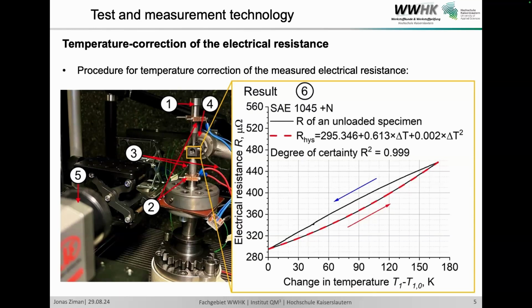We have a heating device. This heating device has an opening here, which is very small but big enough so we can use an IR camera to measure the surface in the test area of our fatigue specimens. If the heating device is activated, we get this curve, and afterwards, if it's deactivated, it's also a cooling graph, which we can get.